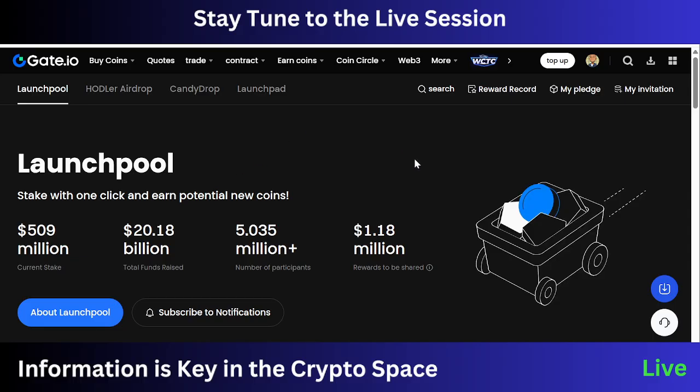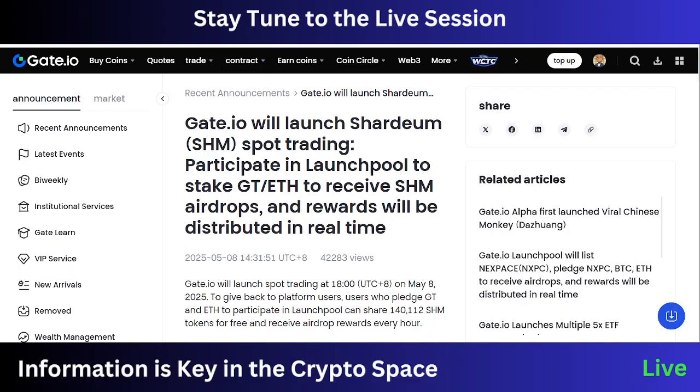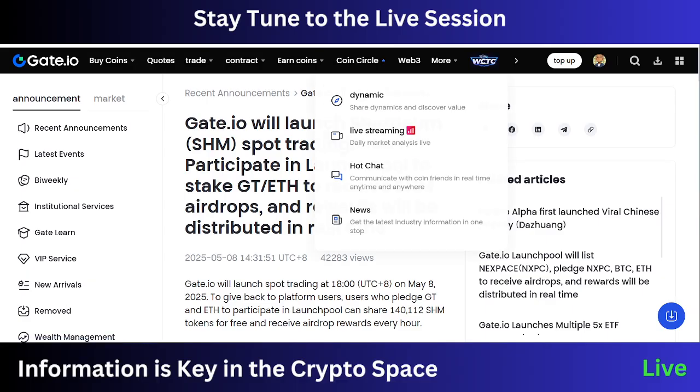And what is the name of the Launchpool token? The name of the Launchpool token is the Shardeum project, the Shardeum protocol, which is short-formed as SHM.